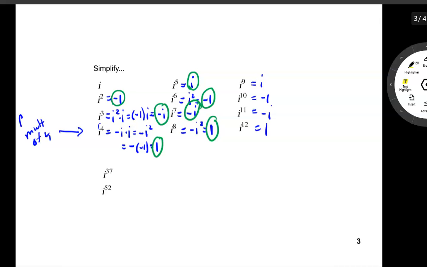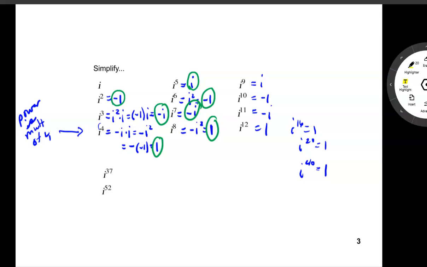The power is a multiple of 4: 4, 8, 12. So wouldn't you guess that i to the 16th is also going to be 1? Or i to the 20th, i to the 40th? That's a multiple of 4, right? It's going to be 1. Anything that's a multiple of 4 is going to be 1.